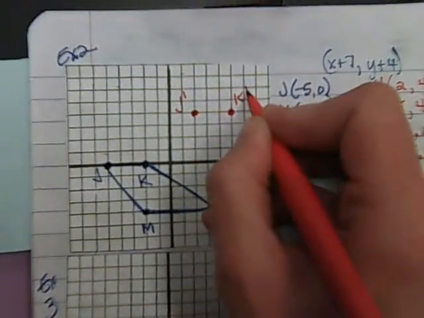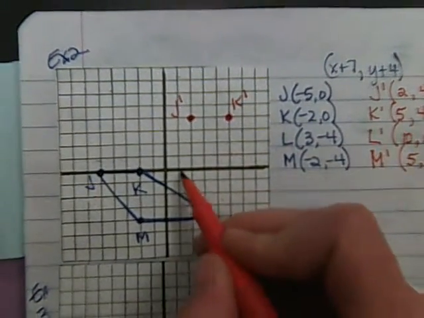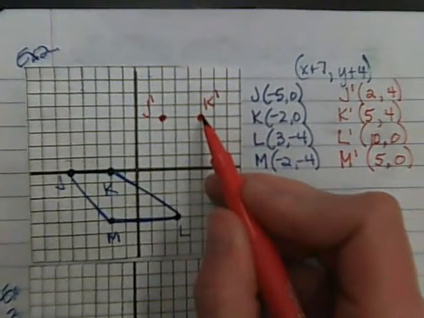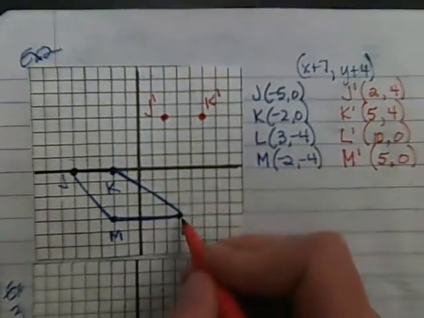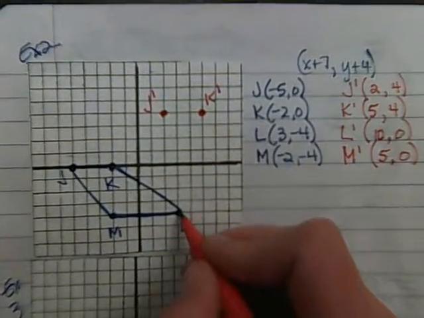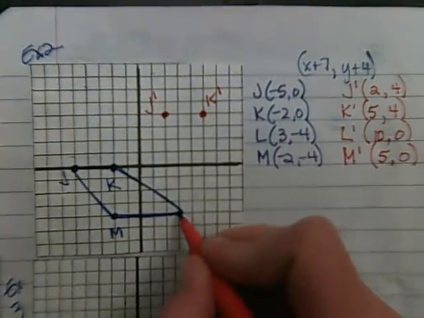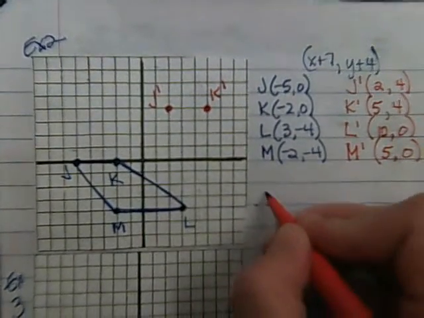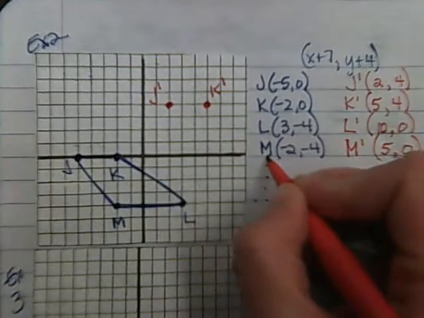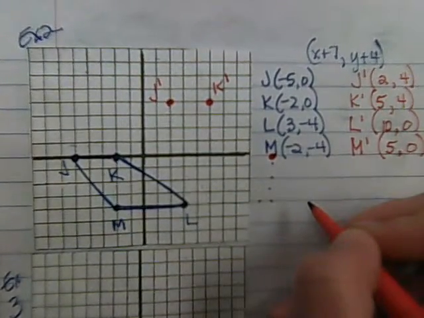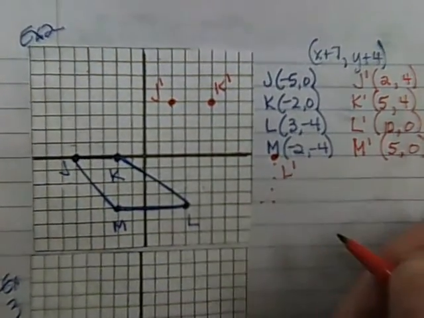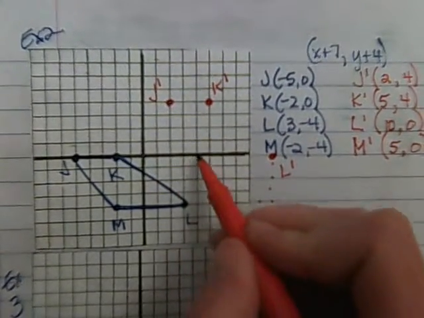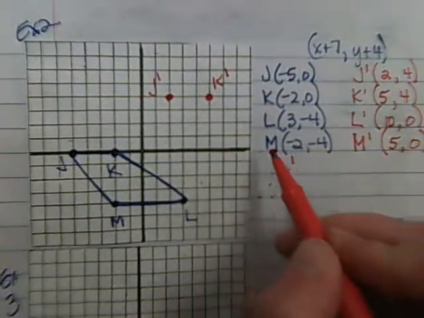There's K prime. It's supposed to be 5, 4, and it is. Okay, now L, right 7, up 4. I'm going to move off of my graph, but it's okay. It's supposed to be at 10, 0, 9, 10.